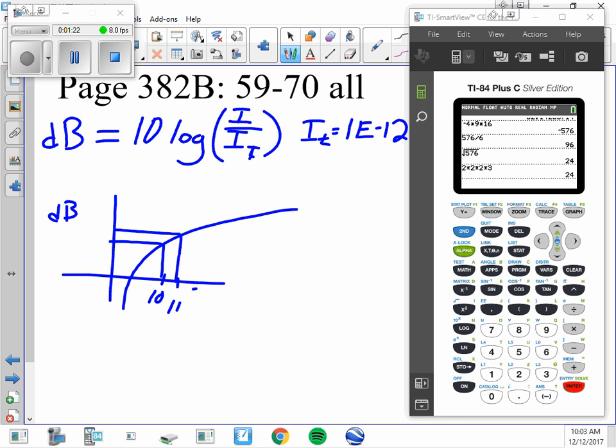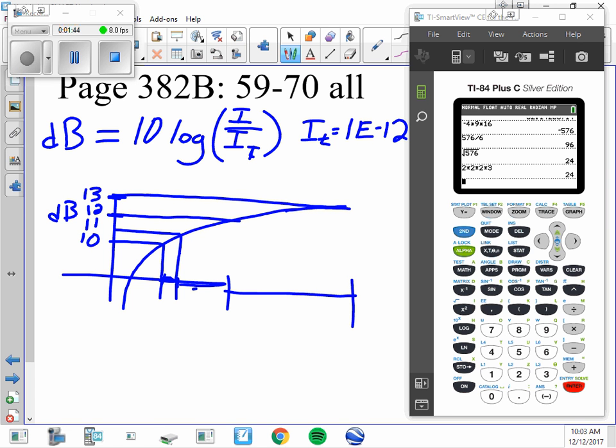To go from, say, 10 decibels to 11 decibels, you need that much power. Not too much. But if you want to get to 12, then you need that much more power, and if you want to get to 13, you need that much more again.